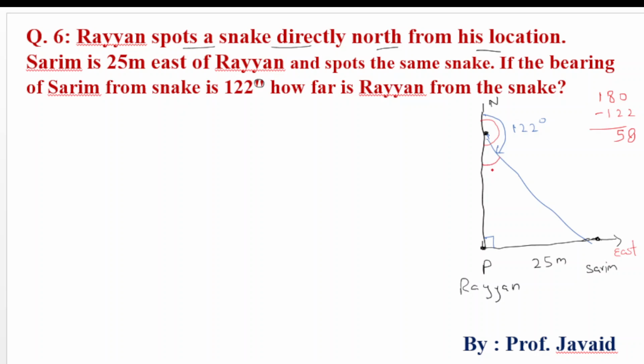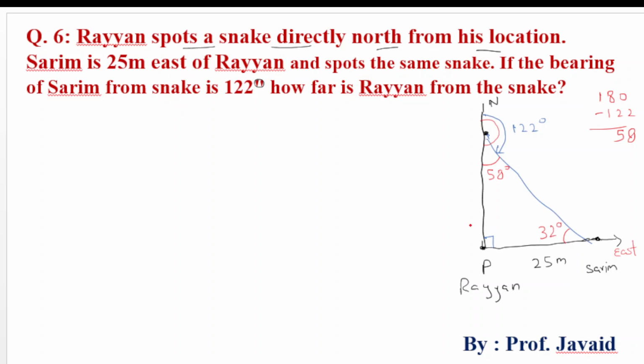So this must be 58, and this is 90. You know the sum of the inner angles is always 180. So 180 minus 58 plus 90, you will get 32 degree as I did directly.